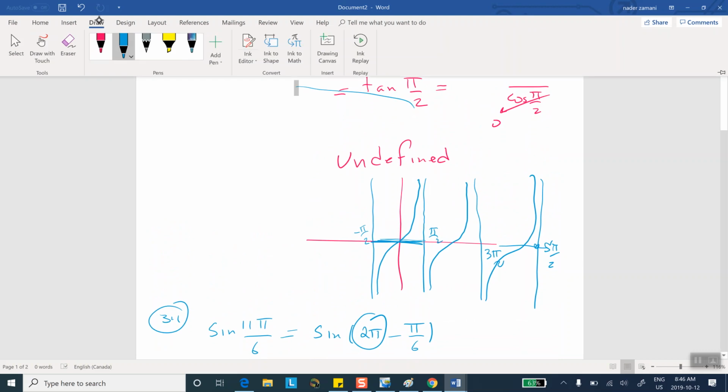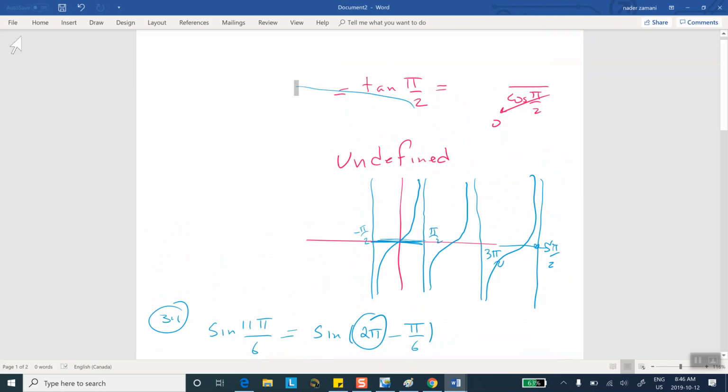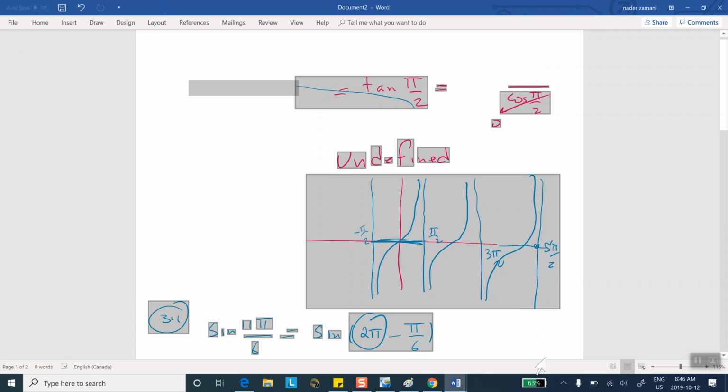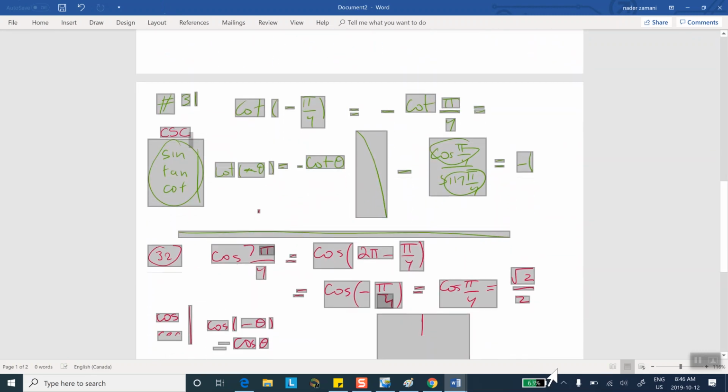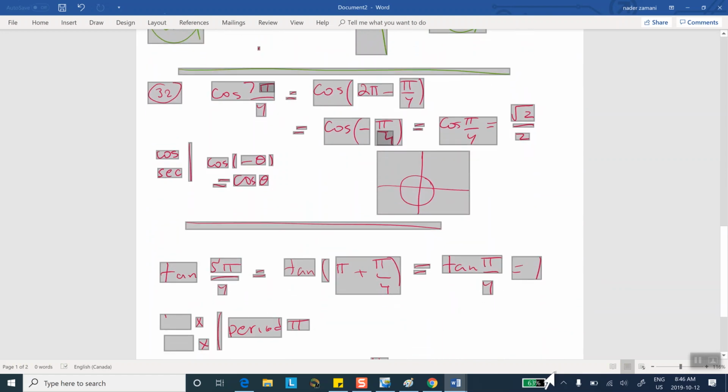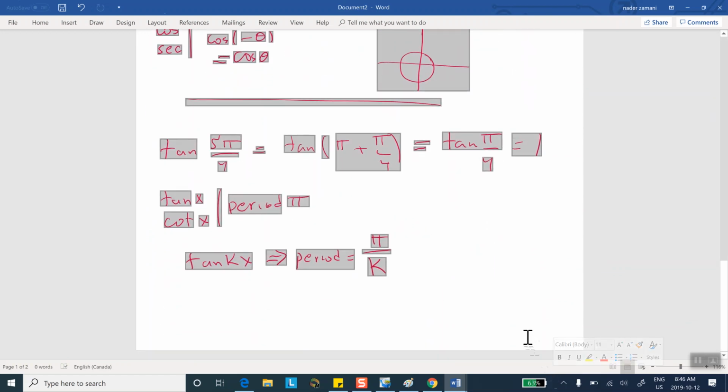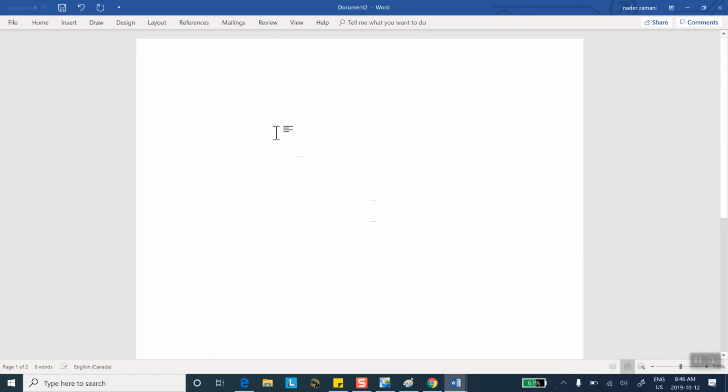I'm having a problem deleting entire pages. Select, let me see for a second. Oh yeah, okay. Let's go down. Then delete. Okay, we're up there.